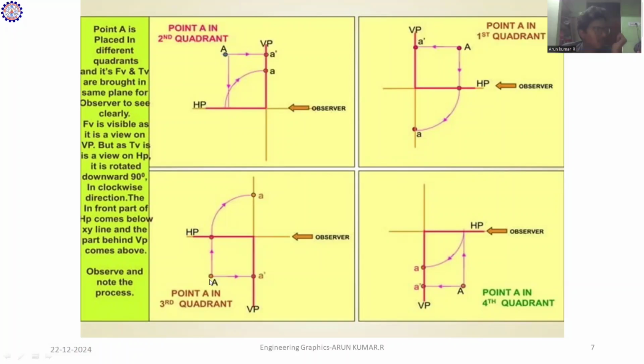We are looking at A dash. The similar case applies to the fourth quadrant, with A dash below. Now let's see the examples for each and every quadrant.